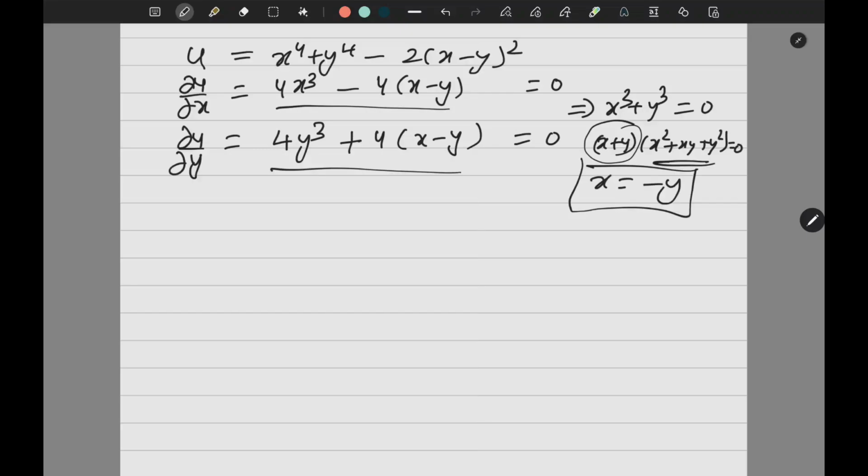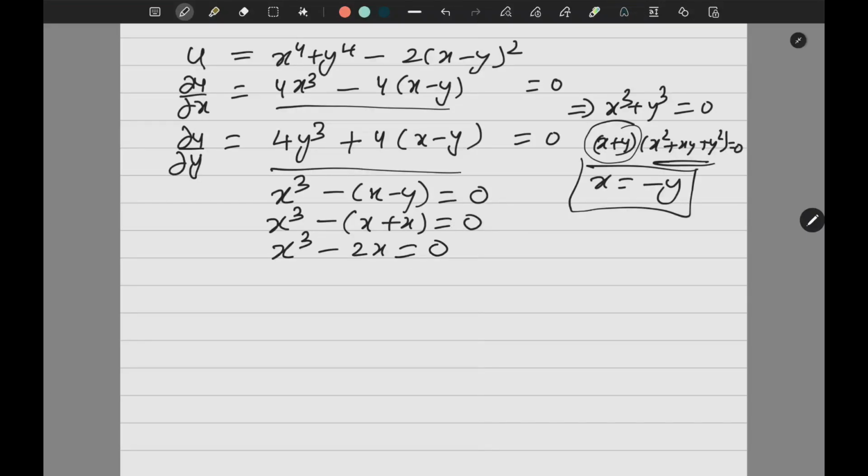This you substitute in any one equation. So if I put it in x cube minus x minus y is equal to 0, with y equal to minus x, I'll get x cube minus 2x is equal to 0. X common, x square minus 2 is equal to 0. So x is equal to 0 and x is equal to plus minus root 2.